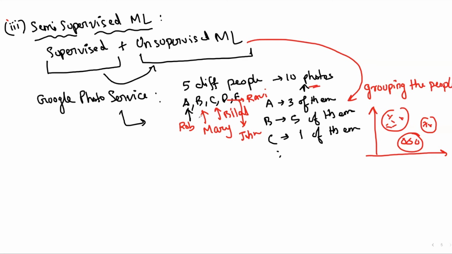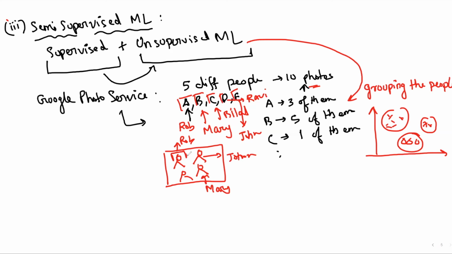Now, when you label these people, you can easily mark them in a photo. Let's say there is one photo and these guys are present. This is Rob, this is John, and this is Mary.